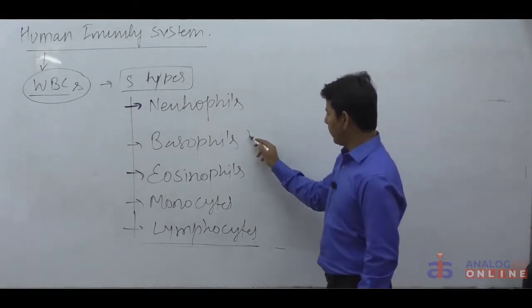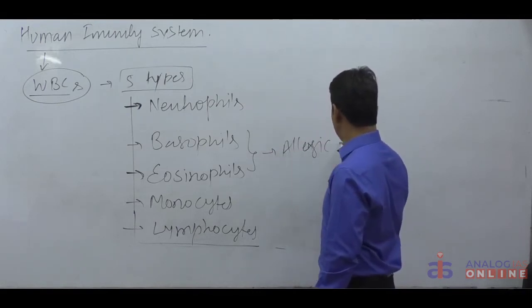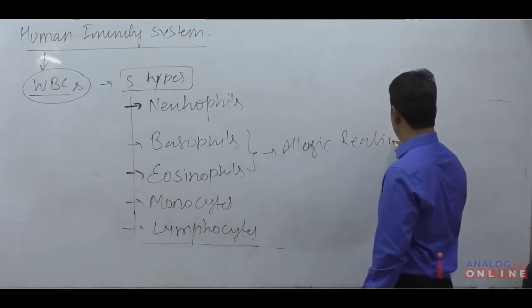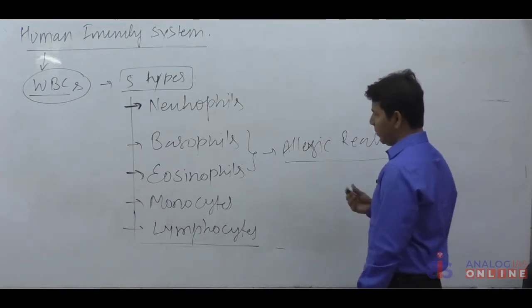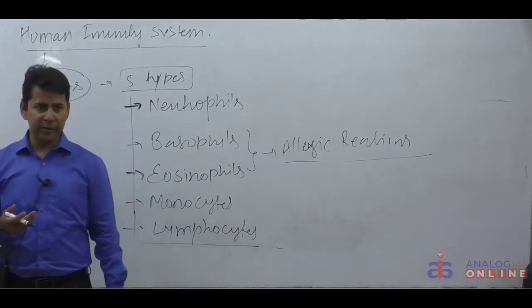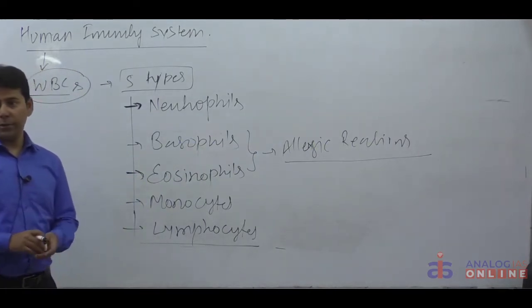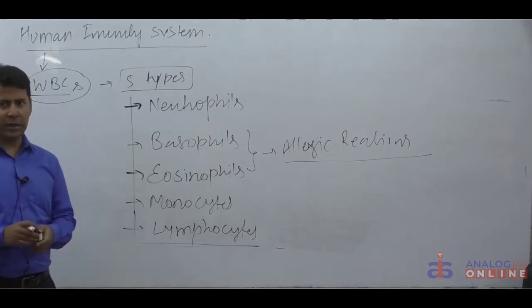So these 2 are basically for allergic reaction. Right? Sometimes allergy is there in the body. Sometimes people are basically allergic to dust particles or cold. You will find many people in your circle who will have a running nose all through the year.